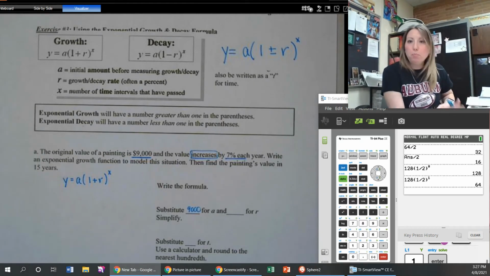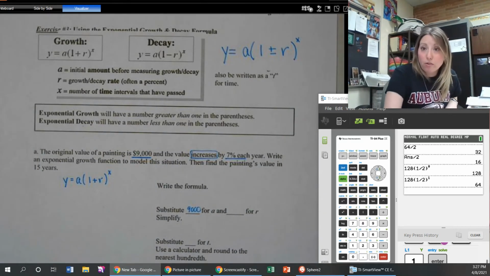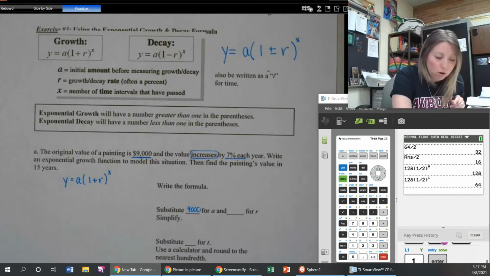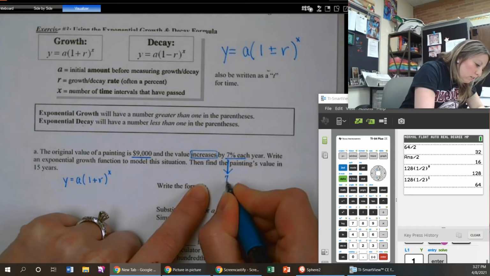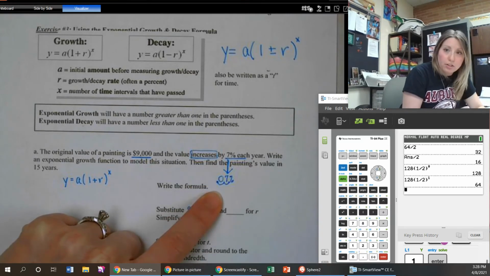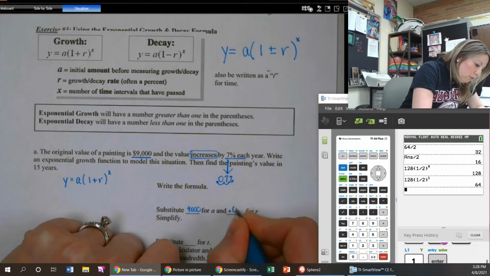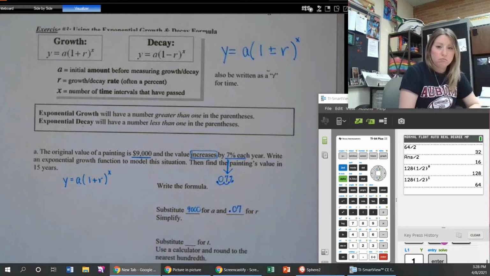Well, the only problem with a percent, I'm not just going to straight write 7%. I need to turn that into the decimal form. So 7% is really 0.07. So we're going to put 0.07 in for R.